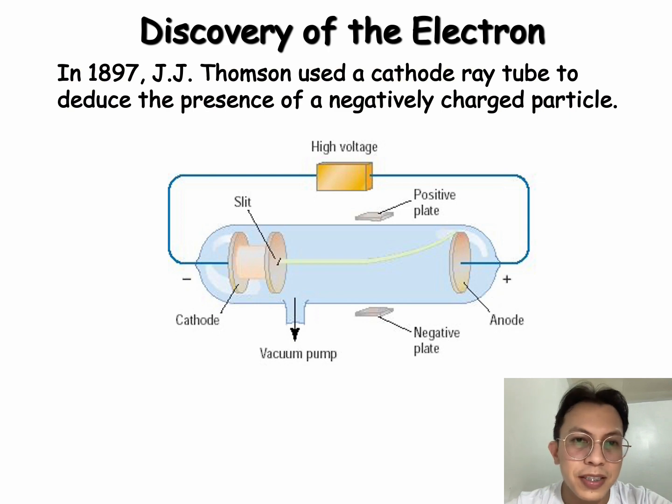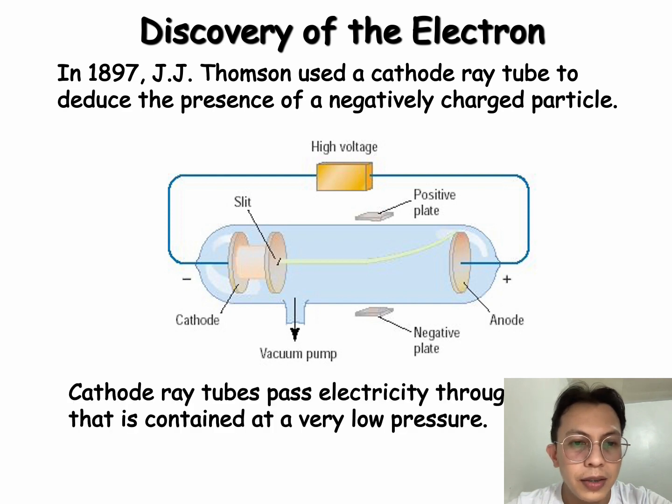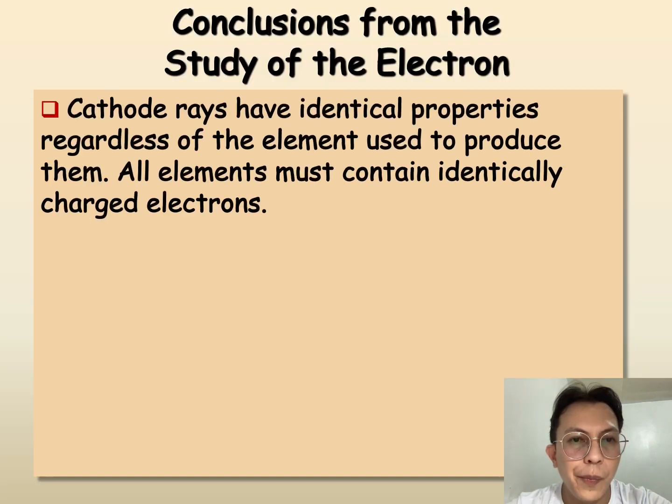So we also discussed the discovery of the electron by J.J. Thomson using the cathode ray experiment.